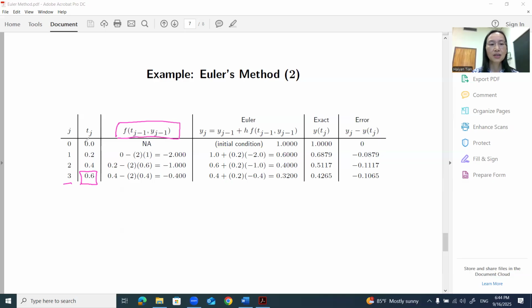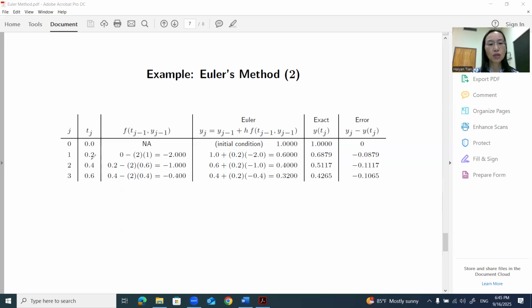That is, y3 is y at t3, so you need to evaluate the right-hand side function f at t2, y2.